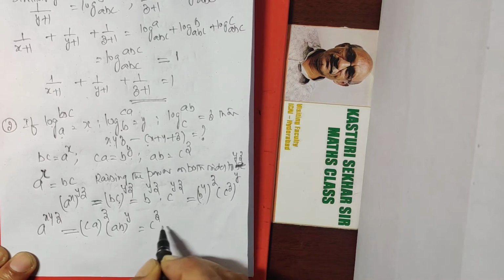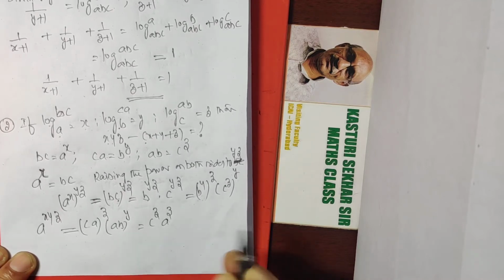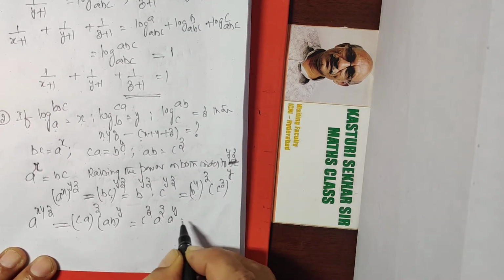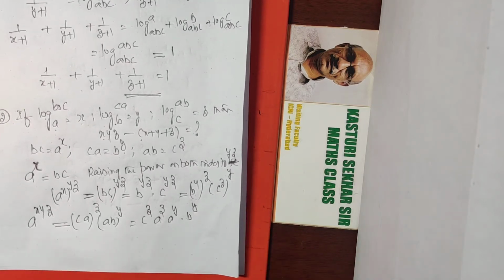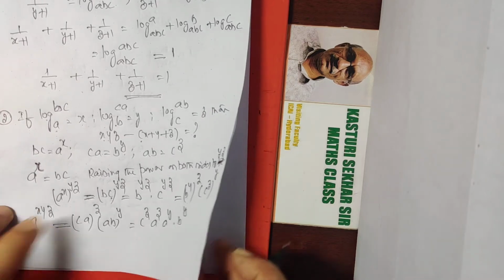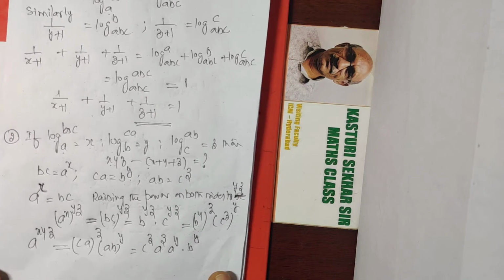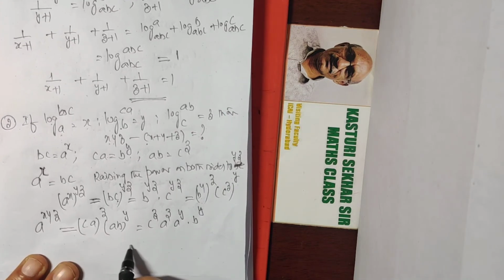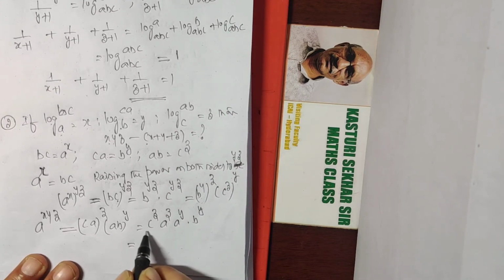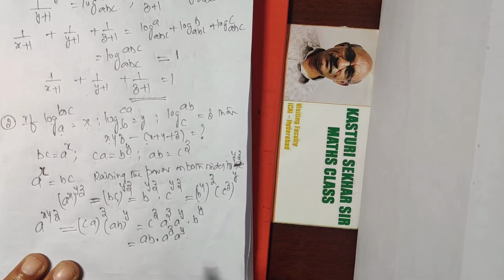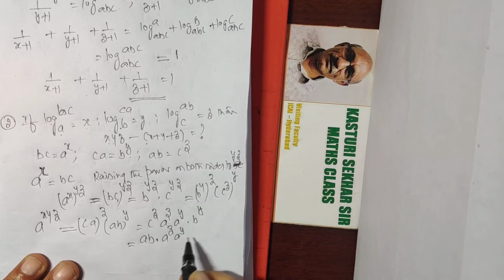So this is C power Z, A power Z, A power Y, B power Y. Now C power Z again can be written as AB, A power Z, A power Y, B power Y again can be written as CA.